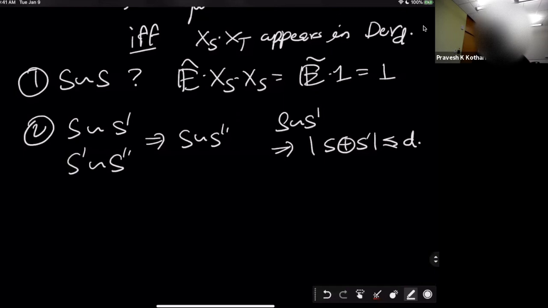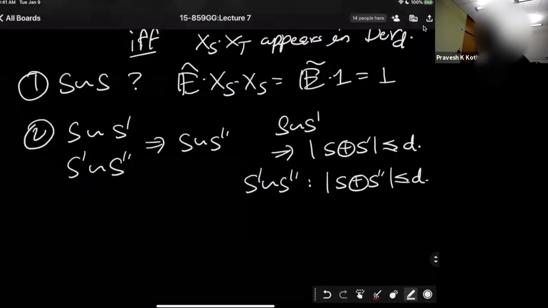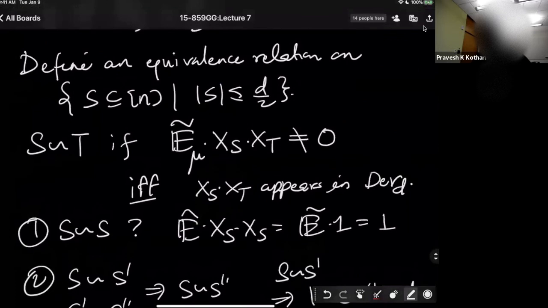And similarly, S prime and S double prime are related if S XOR S double prime is of size at most D. But this is trivially satisfied for S and S double prime, because S and S double prime are sets of size at most D by 2.